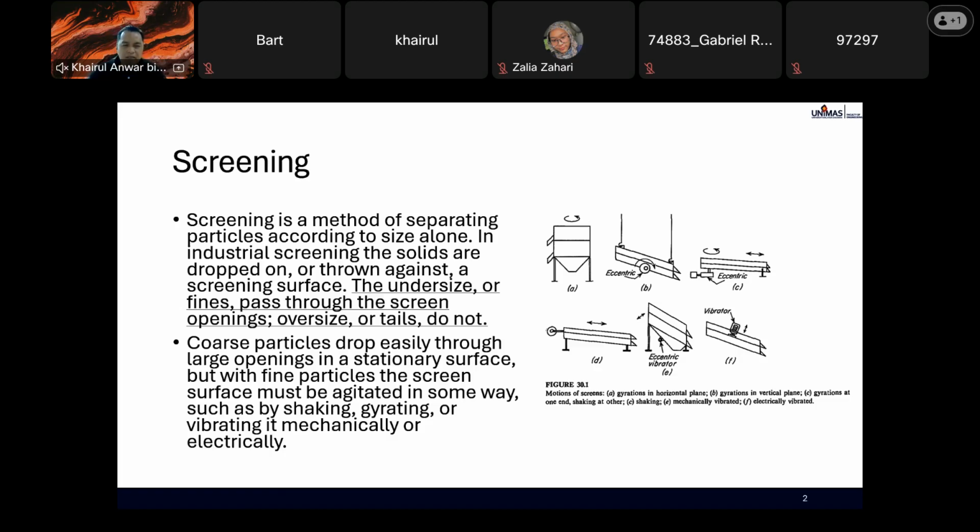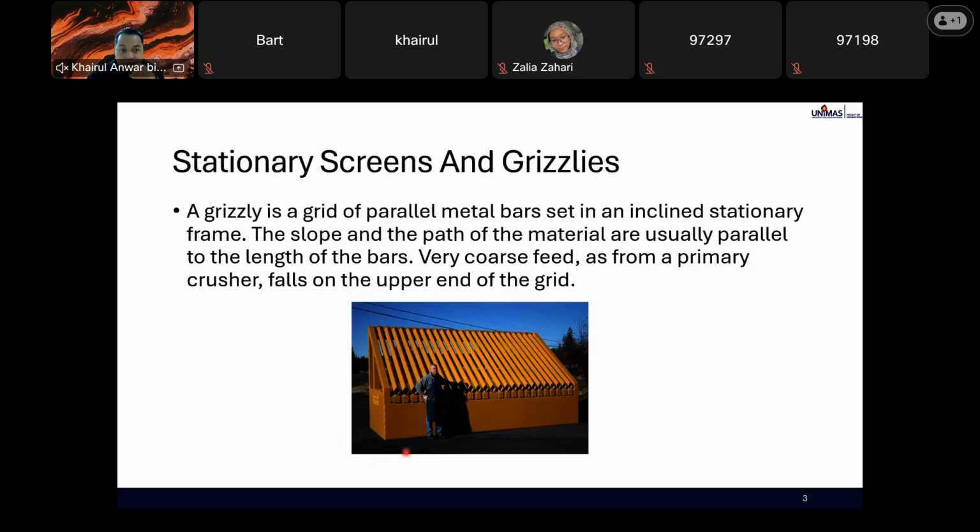Such openings in a stationary surface, but with fine particles, the screen surface must be agitated in some way, such as shaking, vibrating mechanically, to allow the screening. Example of this: stationary screen or grizzlies.